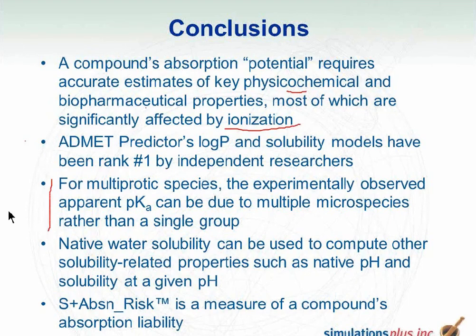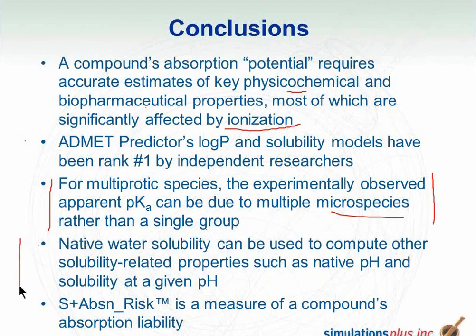For multiprotic species, the experimentally observed pKa can be due to multiple microspecies rather than a single group. And this is really an important take-home lesson. Colleges are still teaching that one pKa should be assigned to a specific functional group, and that's really not true. It involves multiple microspecies.